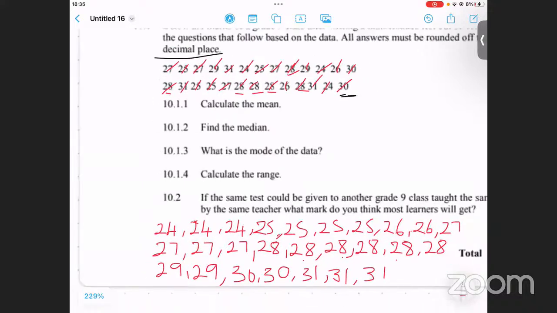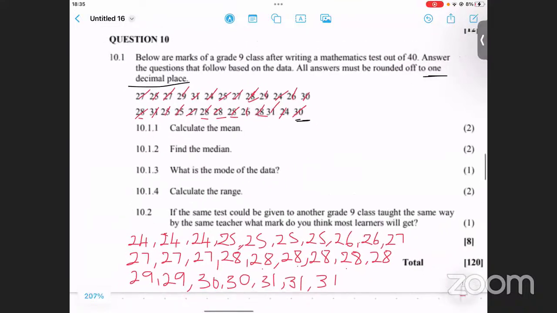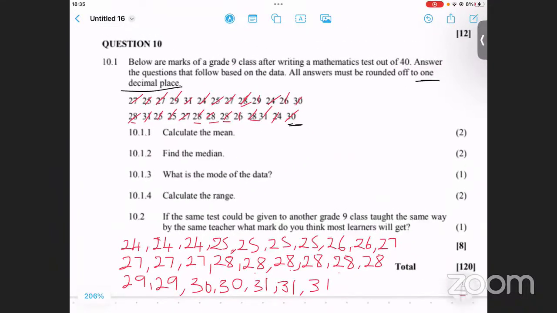Perfect. Thank you, Nyaki. Now that we've rearranged the data in ascending order, let's go to the question. The first question says calculate the mean. Do we know the formula for calculating the mean? Busisi, what is the formula?